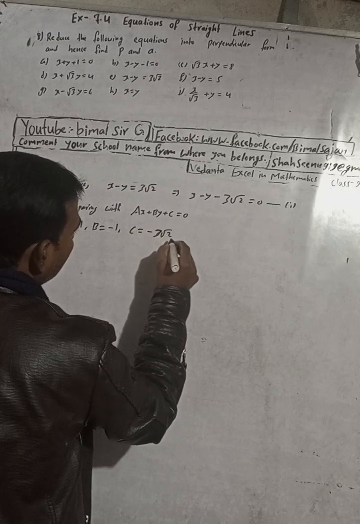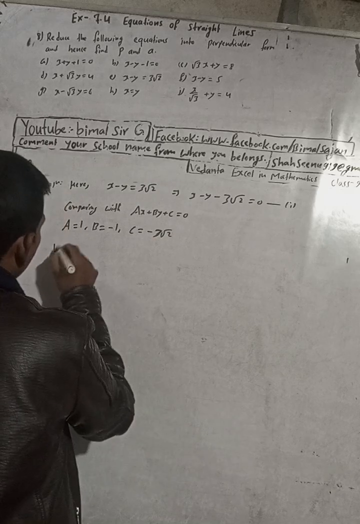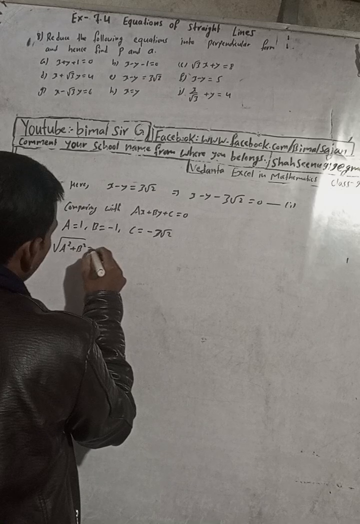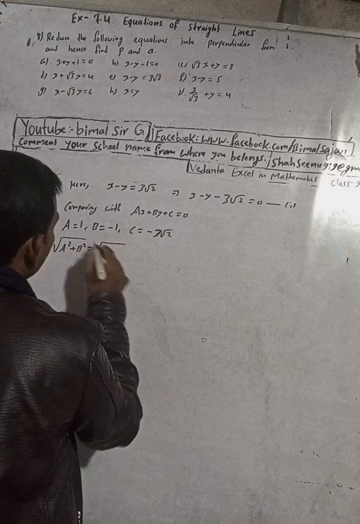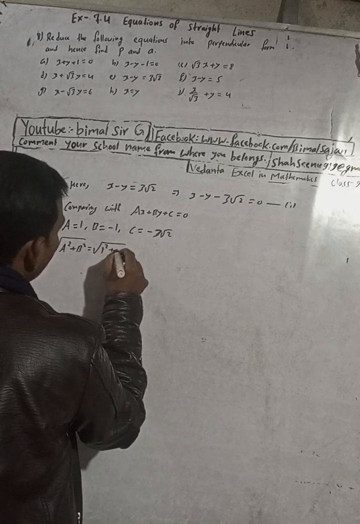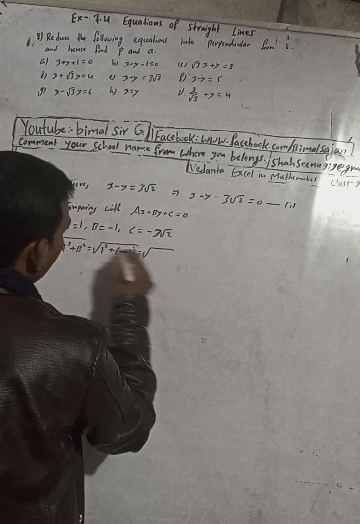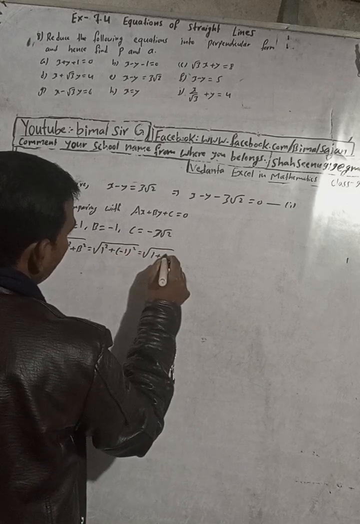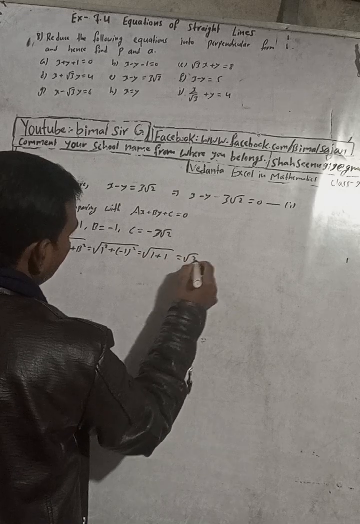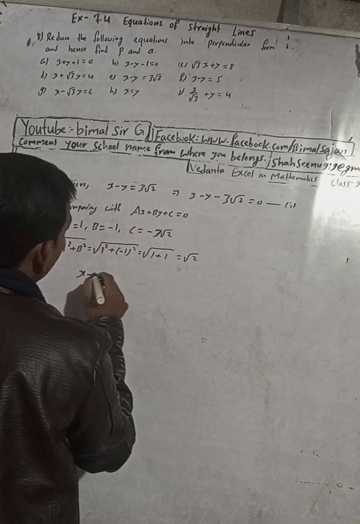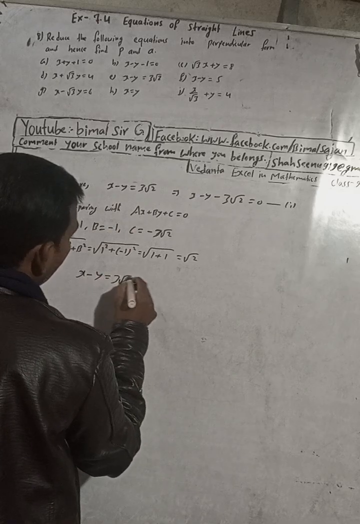Now find root under a square plus b square. 1 square plus minus 1 square is 1 plus 1, so this is equal to root 2. Our equation is x minus y is equal to 3 root 2.